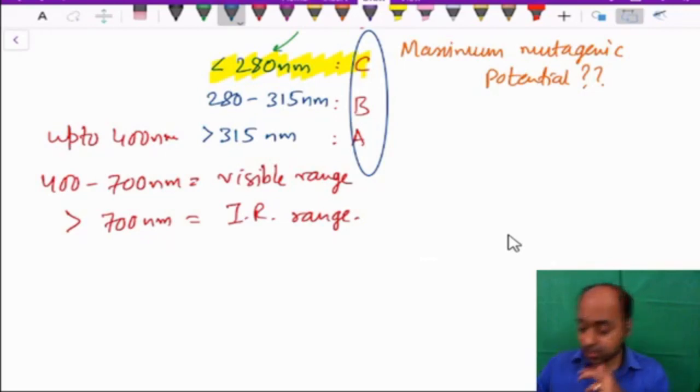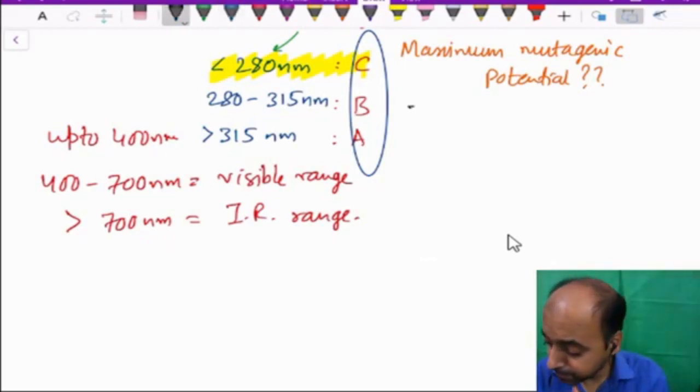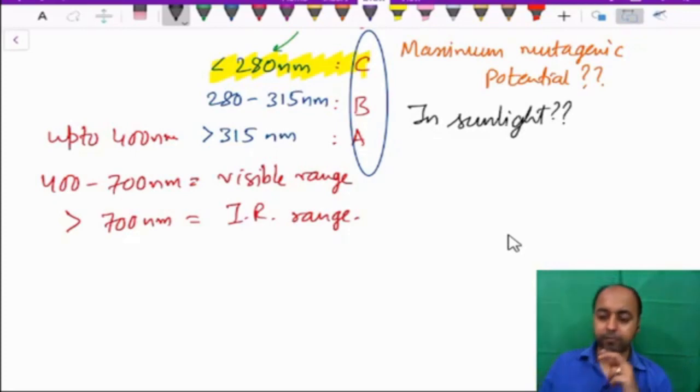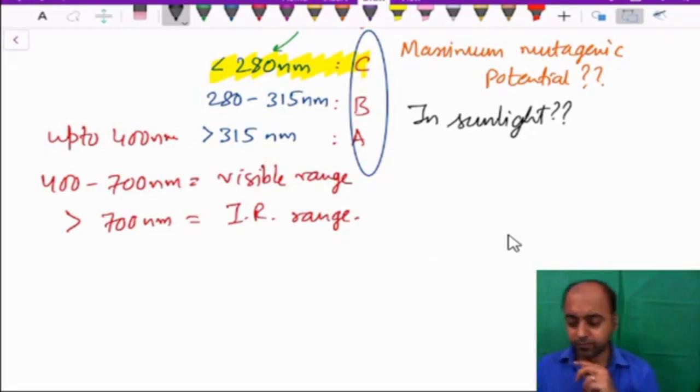Most mutagenic potential in sunlight. Send me your answers.